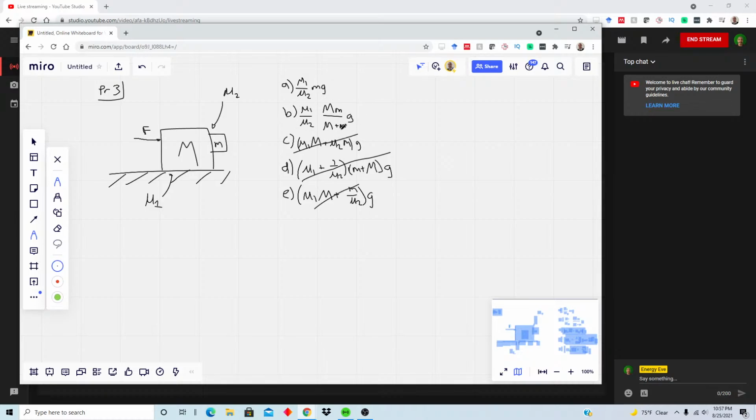Personally, I would end up choosing B as the answer, but let's actually work it out to see if it's true. And so we do this by doing a force body diagram. We'll look at the forces on this little m. What we know is that we have the sum of the forces in the x direction and the sum of the forces in the y direction.